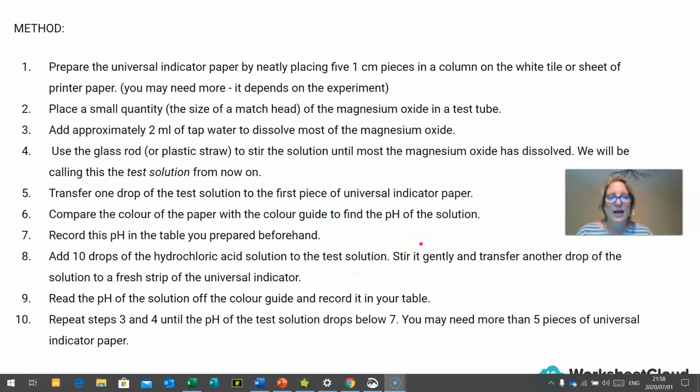Stir it gently and then transfer another drop onto a fresh strip of universal indicator paper. Then read the pH using the color guide and record that in your table. And you will continue to repeat steps 3 and 4 until the pH of the test solution drops below 7.